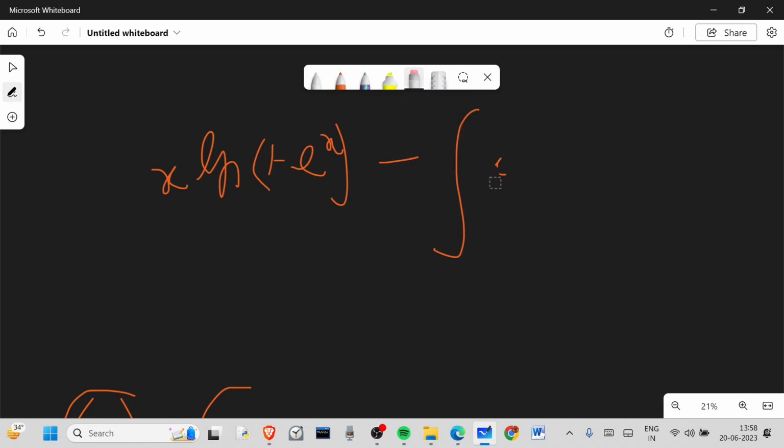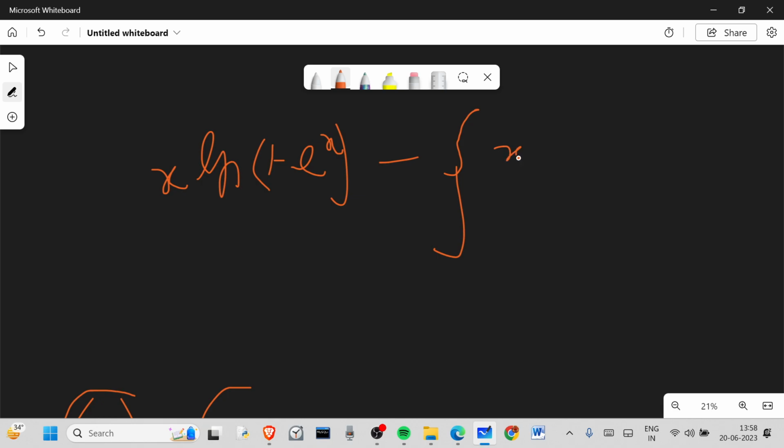Of course, I'm trying to put limits afterwards. To take the derivative of it, I have to apply the chain rule. First of all, I take the derivative of ln, which is 1 by x, and then the derivative of the inside function, which is minus e to the power x.